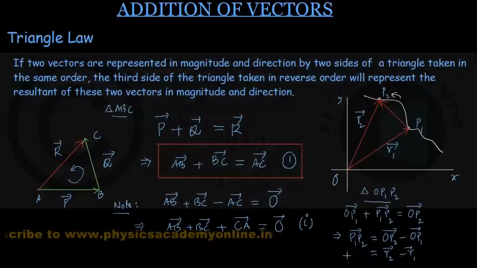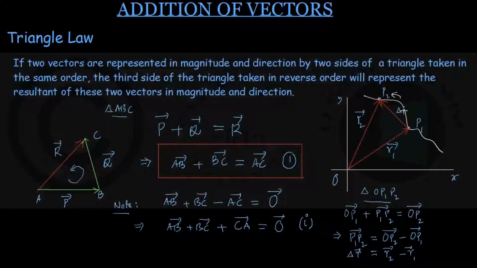I could write like this, and P1, P2 might be called delta R. That is the displacement vector. This is the result, and P1, P2 is of course delta R, the displacement vector here.